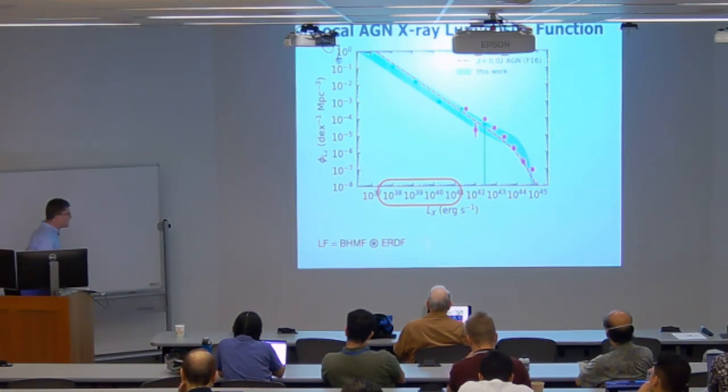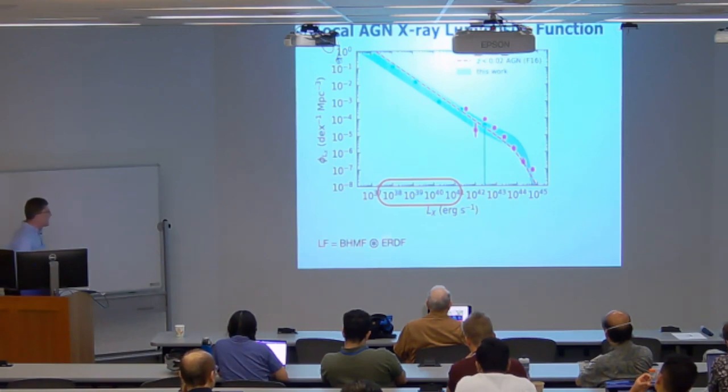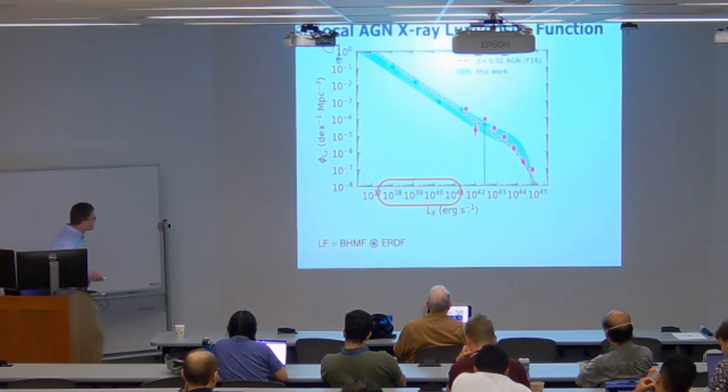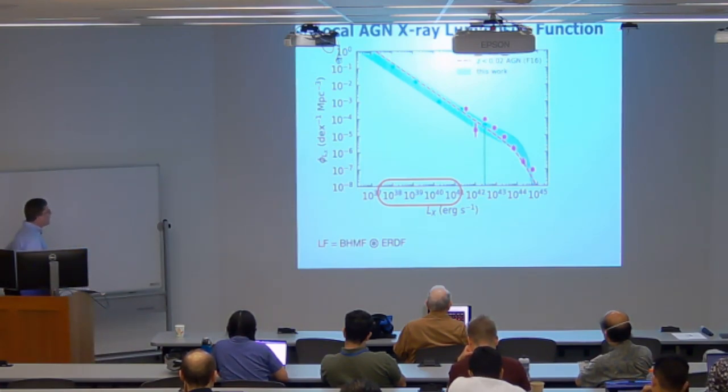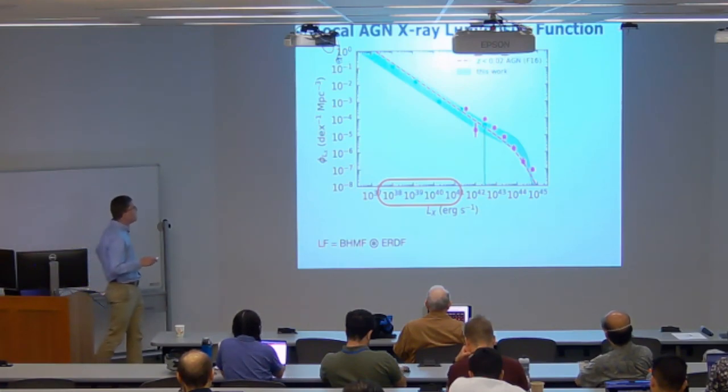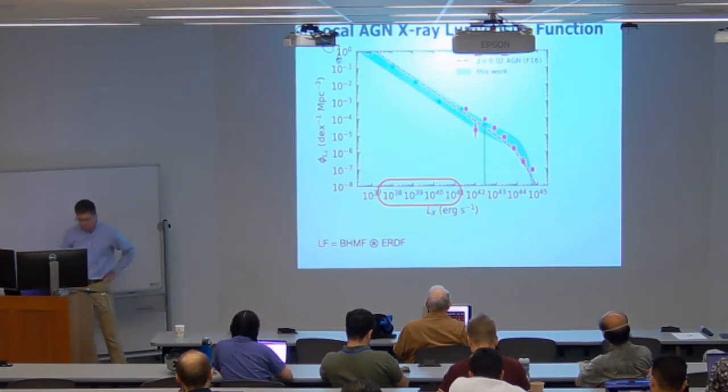So this is a probability distribution function. In our case, this is a power law distribution of Eddington ratios convolved with a Gaussian to get the uncertainties on our measurements. And it appears, this is preliminary, to be consistent with an extrapolation of the nearby X-ray luminosity function from Tzanavaris 2016.